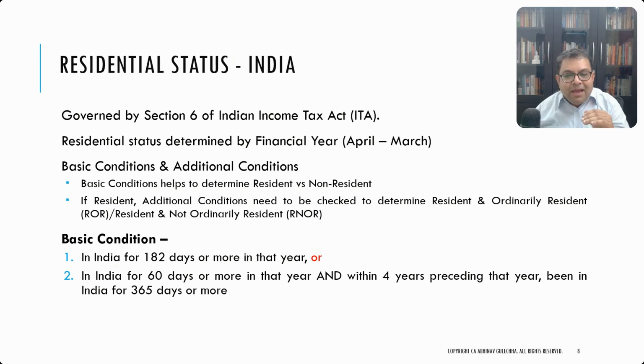If you are 182 days or more in that year, you straight away are a resident, no questions, the matter ends there. If you were less than 182 days, then the second condition is checked: were you 60 days or above? If yes, then in the 4 years prior to that year, were you 365 days or above? If that is met, then you become a resident.